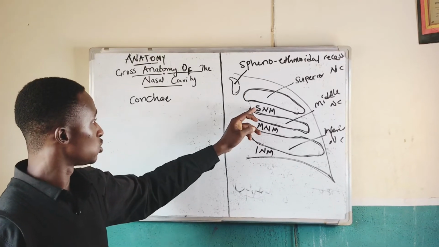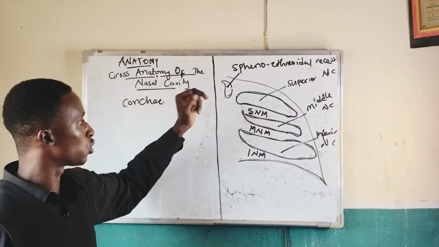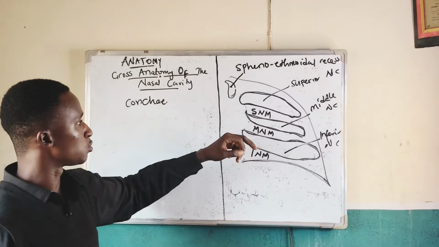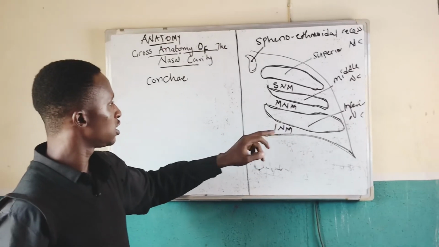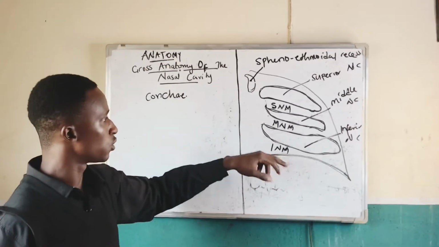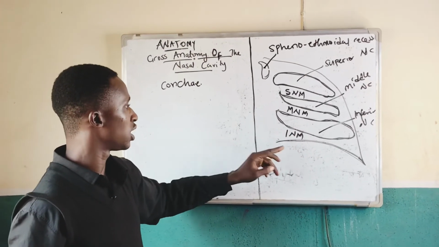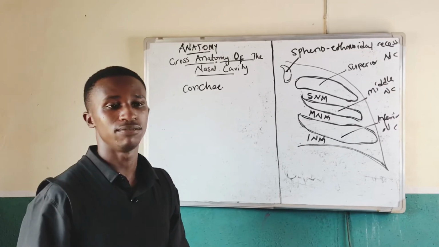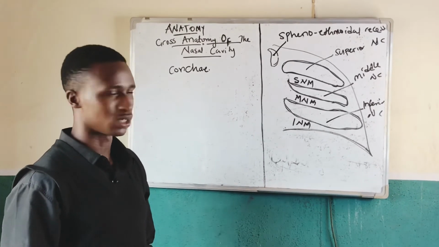The superior nasal meatus is found between the superior concha and the middle concha. Middle nasal meatus between the middle concha and the inferior concha. Then inferior nasal meatus inferior to the inferior concha, or between the inferior concha and the floor of the nasal cavity. Very important points to note. They are possible exam questions.